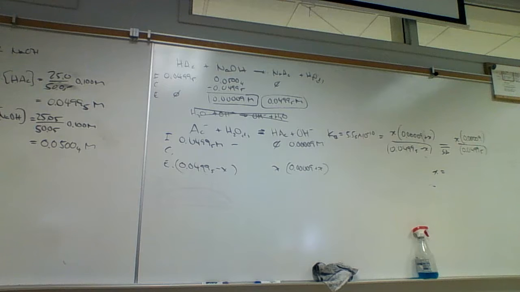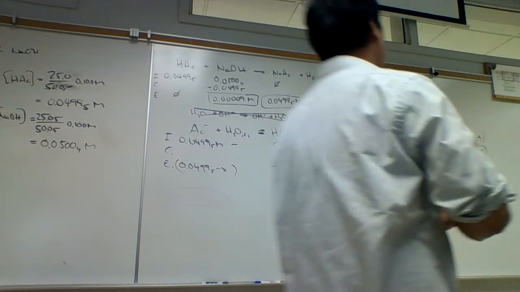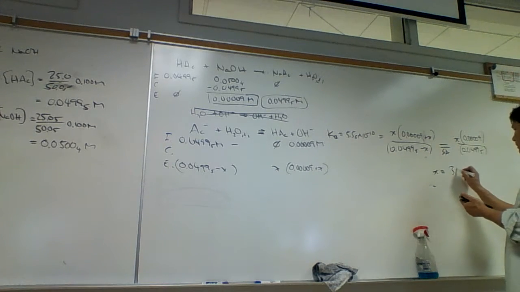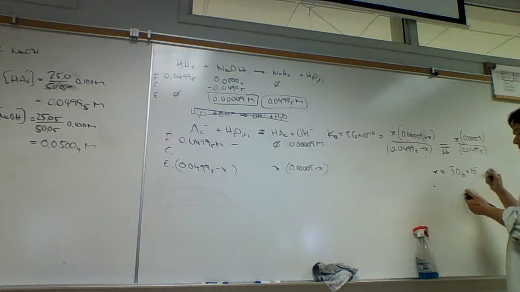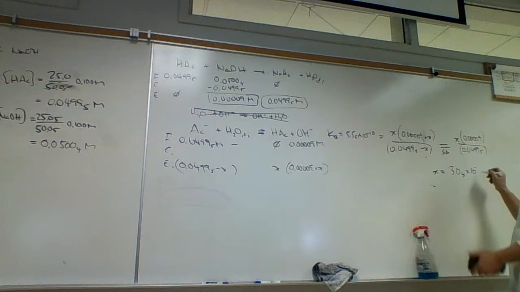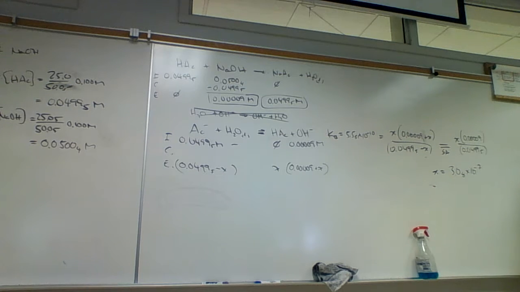let's see, I get an x of 3.08 times 10 to the minus 7. Is that what you guys get?